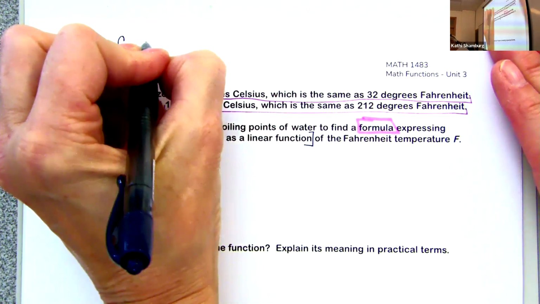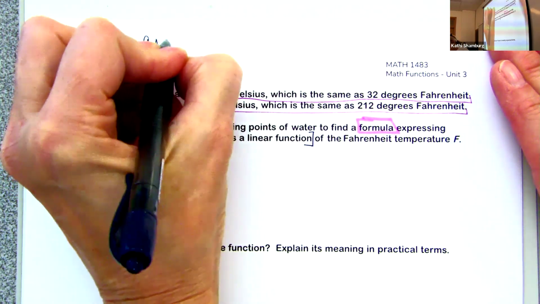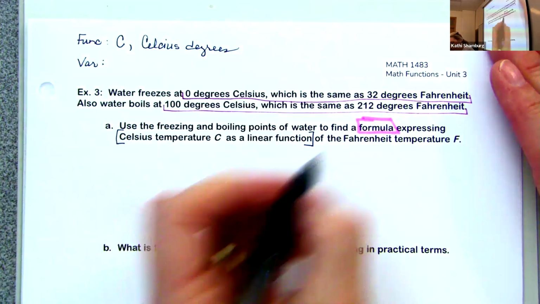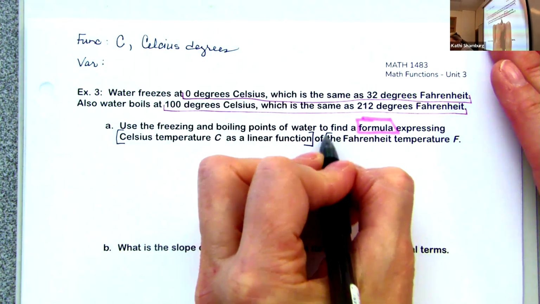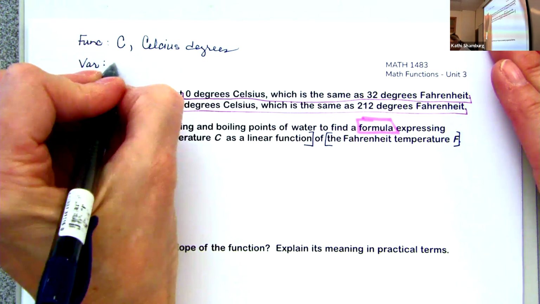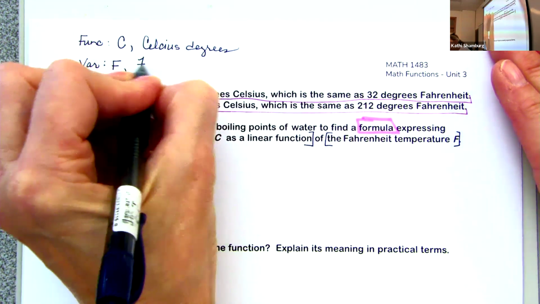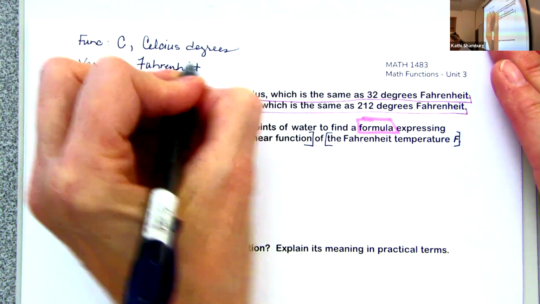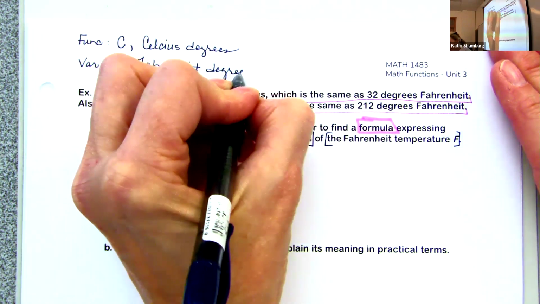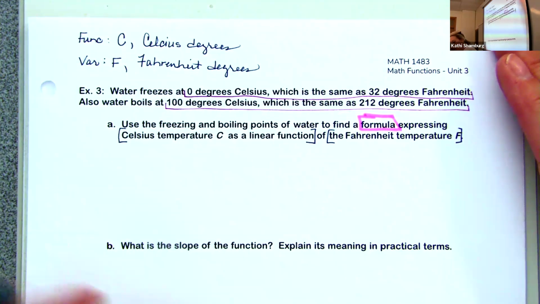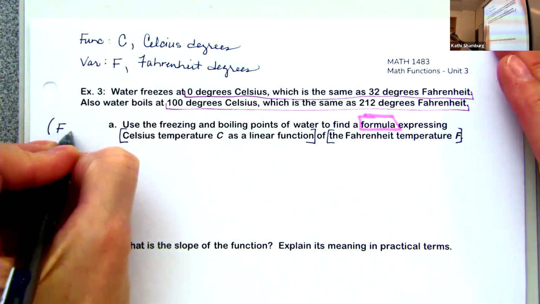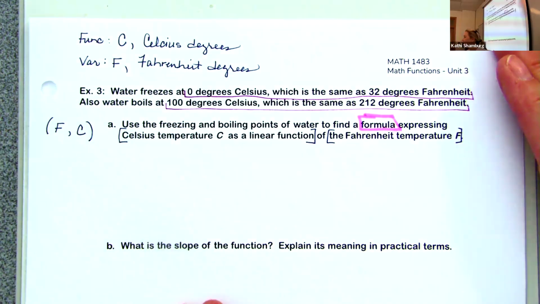C, which is Celsius degrees, of the Fahrenheit temperature, so F, Fahrenheit degrees. So I know my ordered pair is variable first, then function.